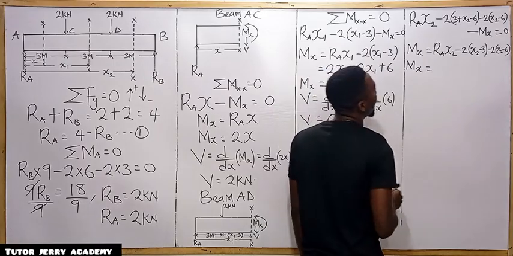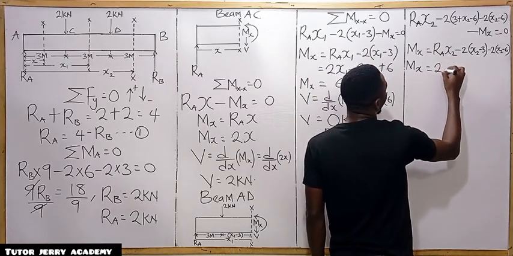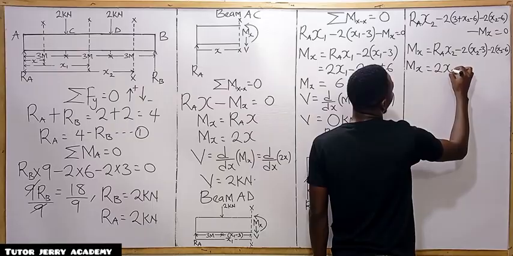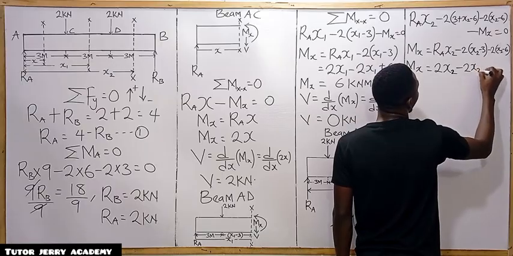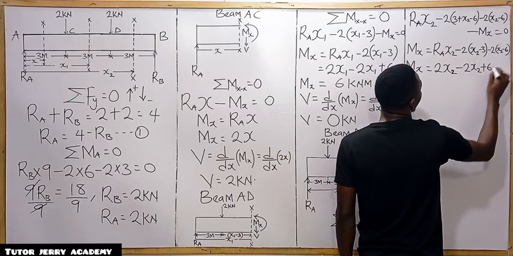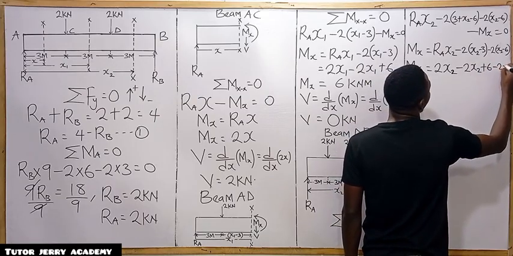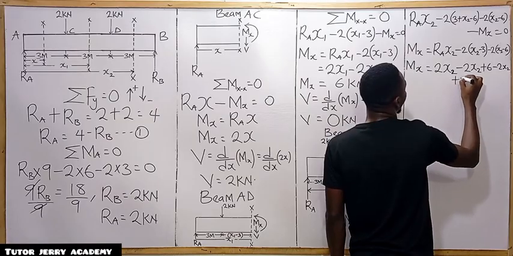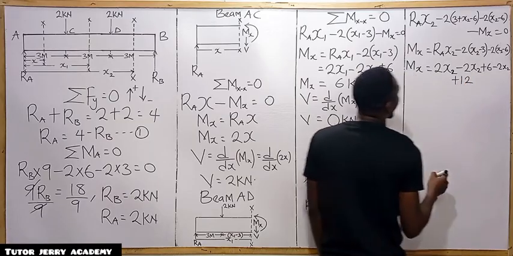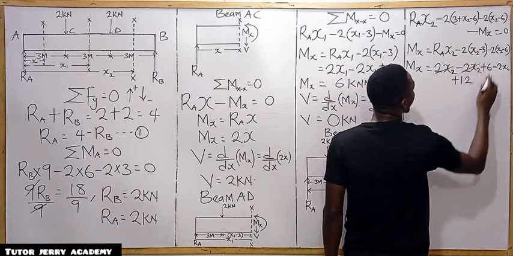So we know that our reaction at A is 2. All right. So this is going to be 2S2. It's going to be plus 6. It's going to be minus 2S2 and plus 12. Plus 12. All right. So this will go with this.